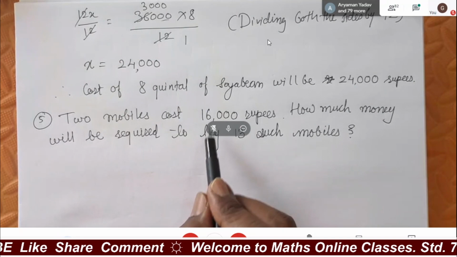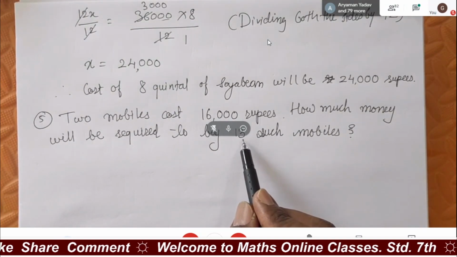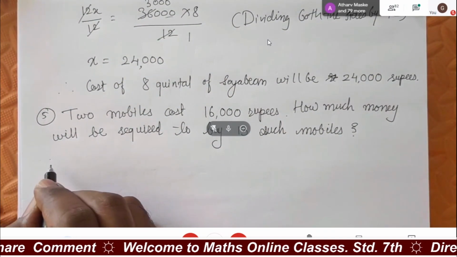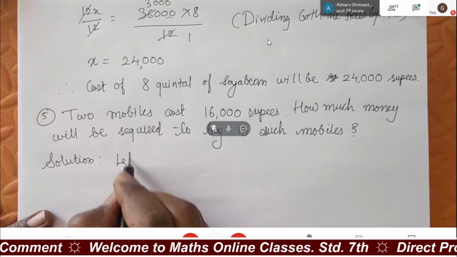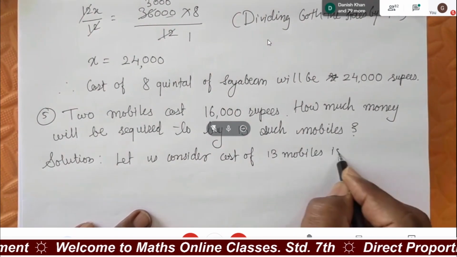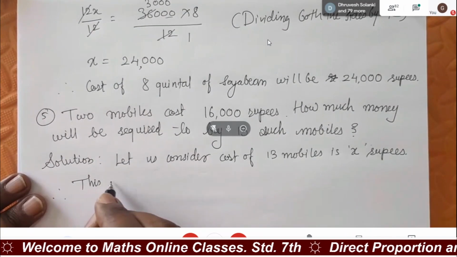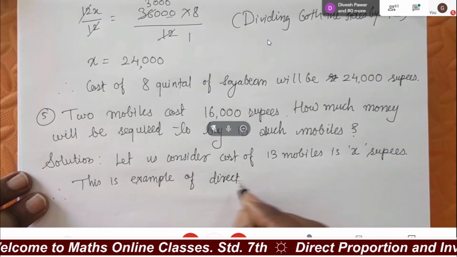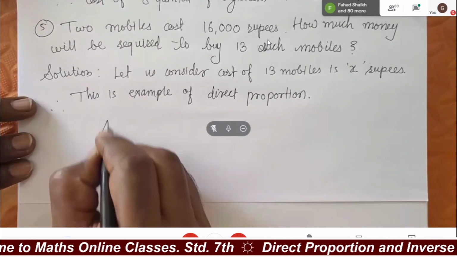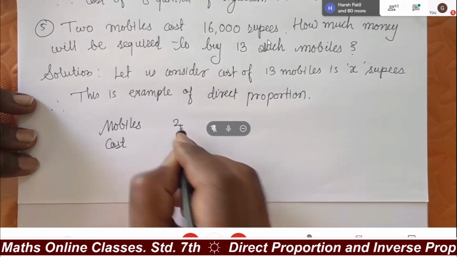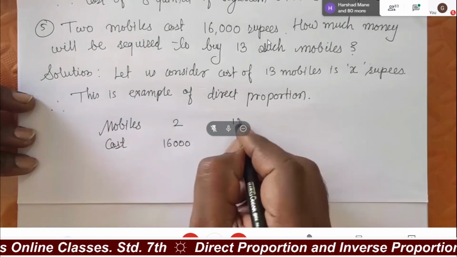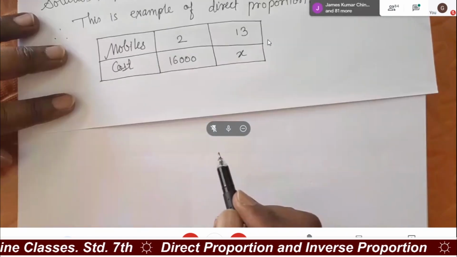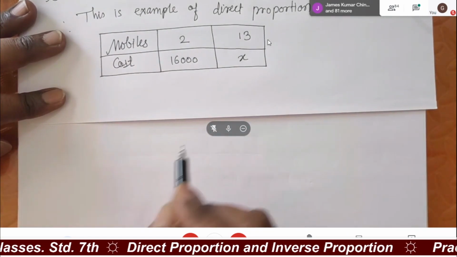Write down solution. Let us consider the cost of 13 mobiles is X rupees. This is an example of direct proportion. Here I will write mobiles and cost. 2 mobiles 16,000. 13 mobiles X.